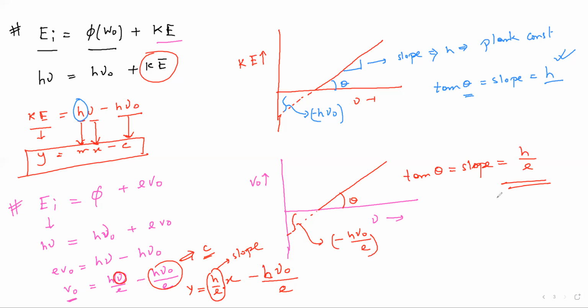When the normal photoelectric effect formula is changed to the stopping potential formula, what is the difference in slope? In that case, the slope is basically the Planck constant divided by the electron charge. This part is clear? Yes, sir.